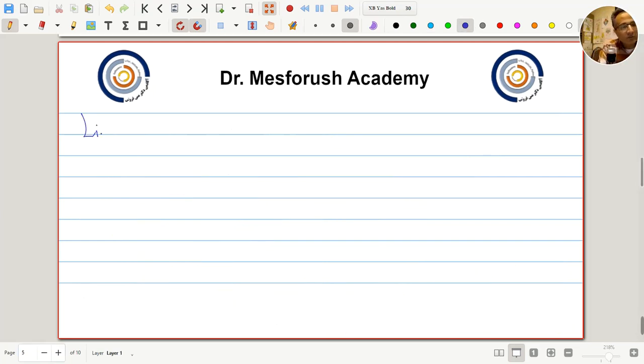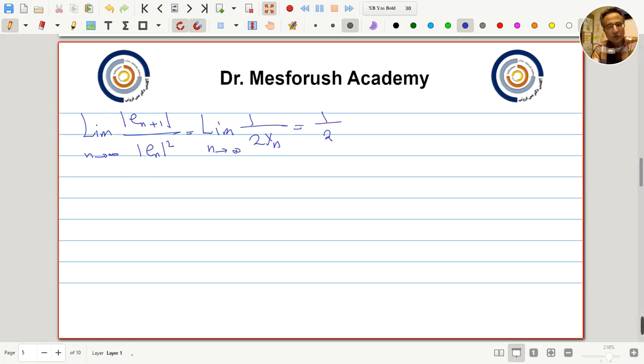We know that x_n's limit is equal to 1, so the limit is 1 over 2.